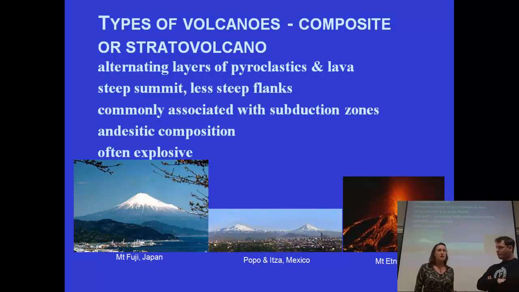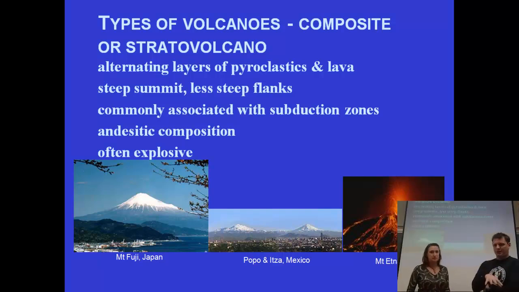Some of the features of a composite or stratovolcano: the shape of the cone is very different. We're not talking about a broad shield anymore. No. We're talking about a cone shape, a triangular shape, so a narrower base, maybe several kilometers across at the bottom. The summit area is typically much steeper than further out on the flanks of the composite cone. These cones form in that shape because of the alternating layers of pyroclastic material and lava flows.